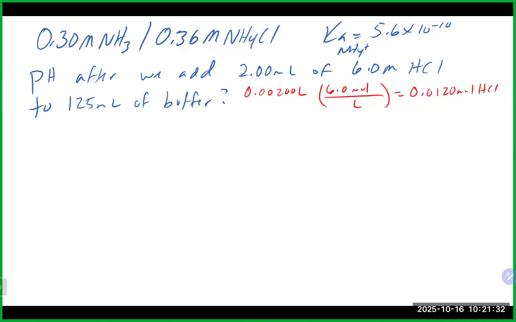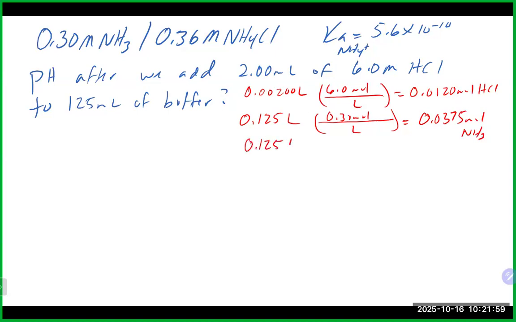We'll need our other moles as well, since I changed it from the previous one. So 0.125 liters times our 0.3 moles per liter for our ammonia. 0.125 times 0.3 is 0.0375 moles of ammonia. And since they are a buffer, they're in the same beaker, they have the same volume.